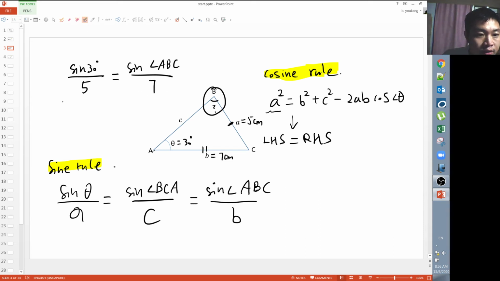So all you need to do is sine angle ABC is equal to sine 30 over 5, times 7, and let me use my calculator here. You have 0.7. Once you have 0.7, you're supposed to have two values for your angle ABC.